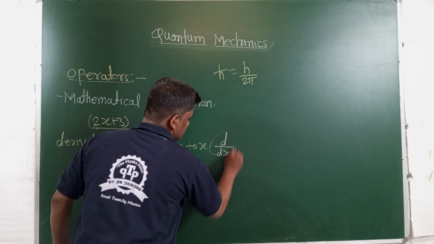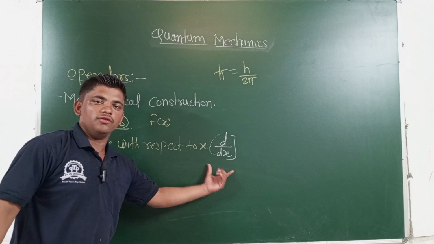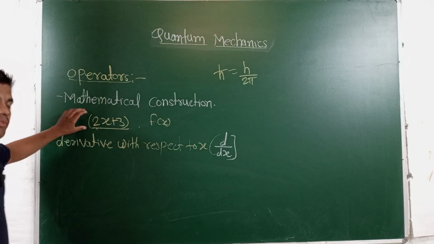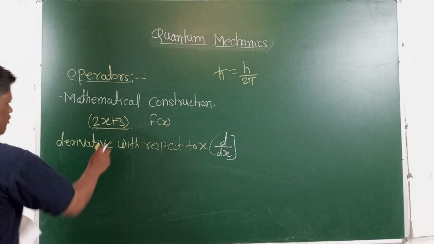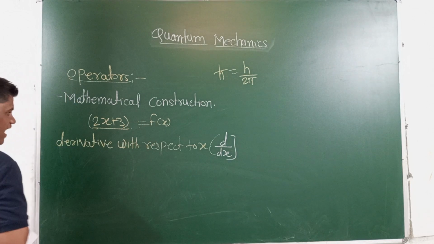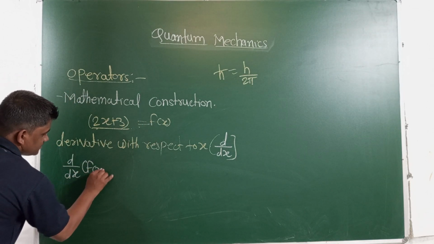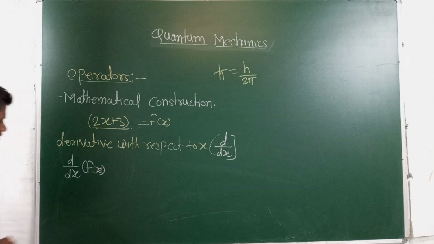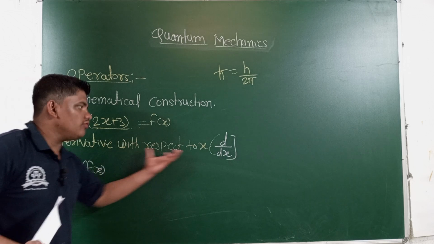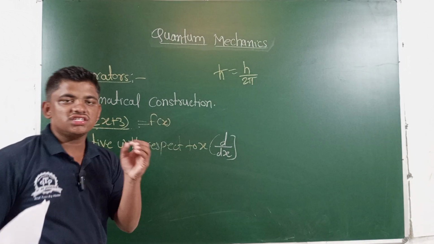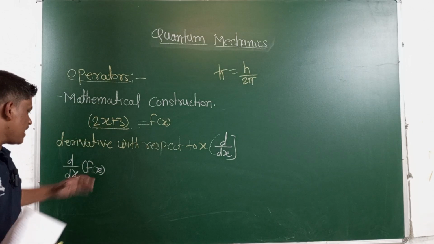This is the symbol of the derivative. Differentiation of this function with respect to x gives some different function. With f of x, d by dx of f of x: this is the function, and the derivative is the operator. This is called differentiation of the function with respect to x.